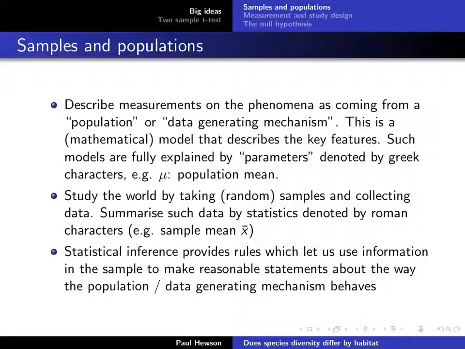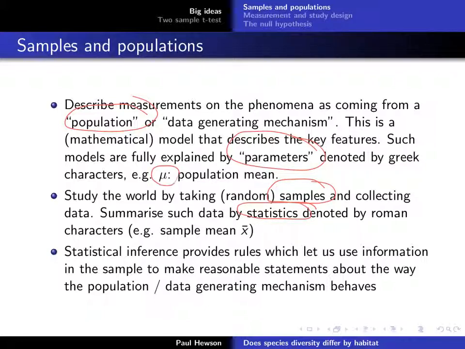The second thing we do is that we take random samples from this population and summarize data on those samples by statistics. So key phrases to note here are that we have a population which is described by parameters, and we have samples that are described by statistics.